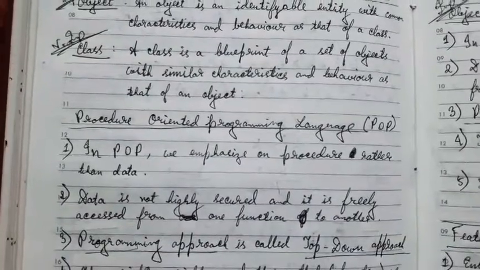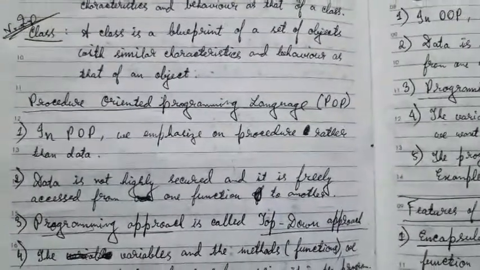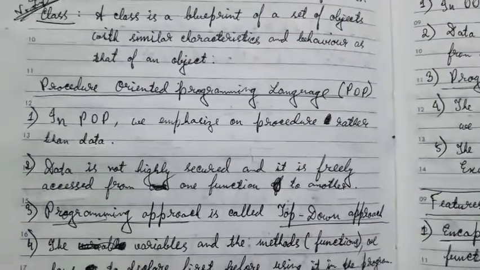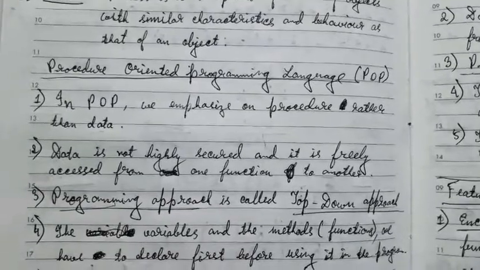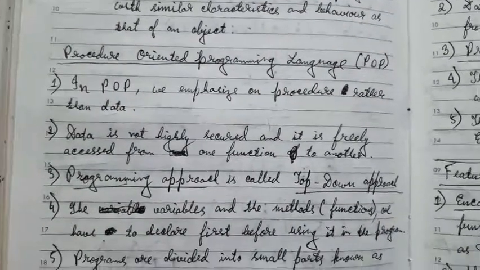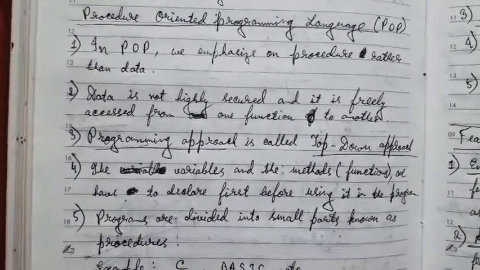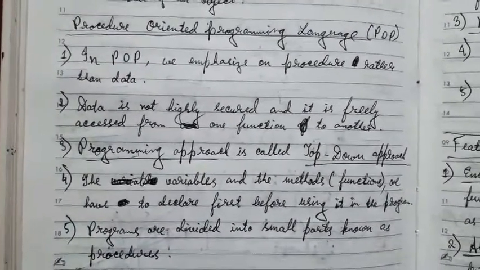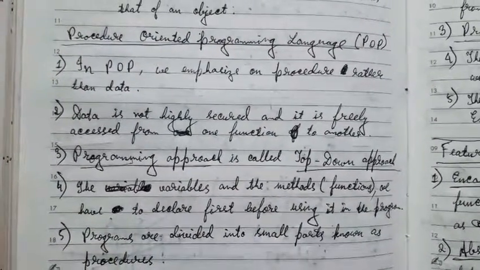Next we come to procedure oriented programming language. Actually, before learning object oriented, you have to learn what is procedure oriented programming and what is the difference between the two of them. The first characteristic of procedure oriented programming, we call it POP, is that we emphasize on procedure rather than data.